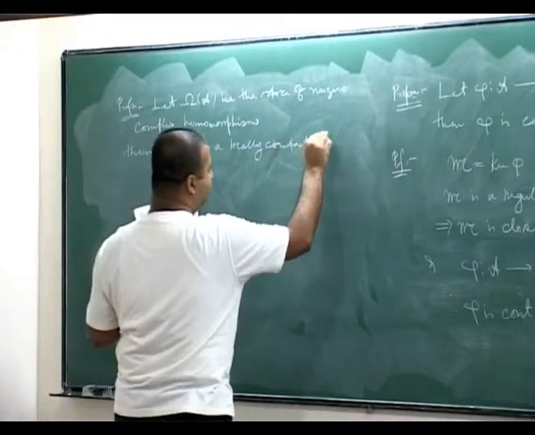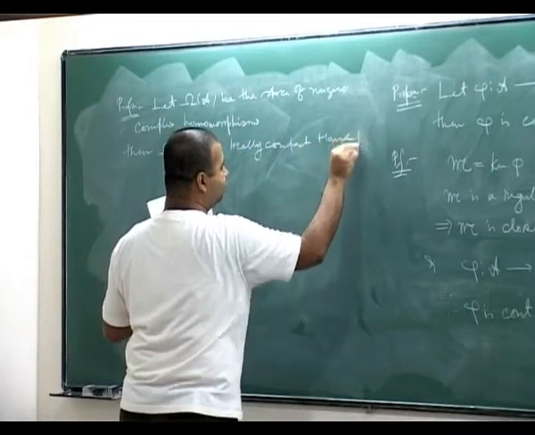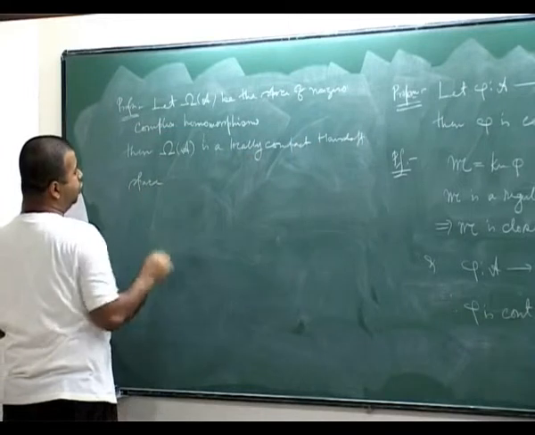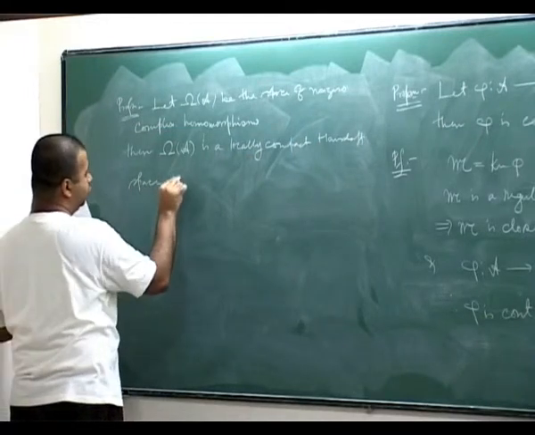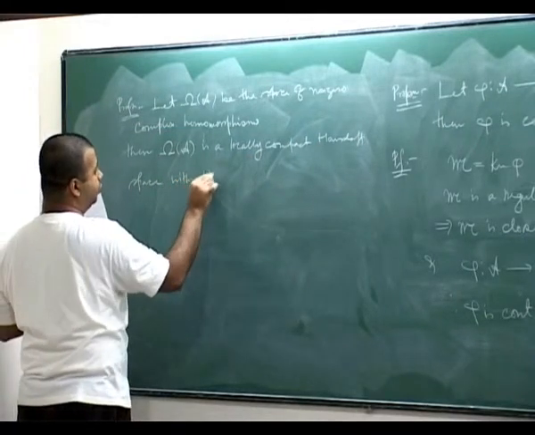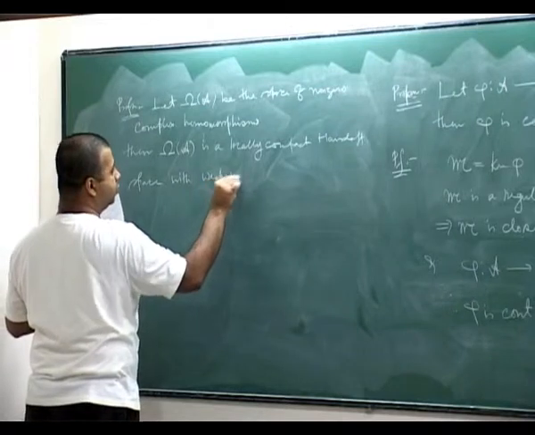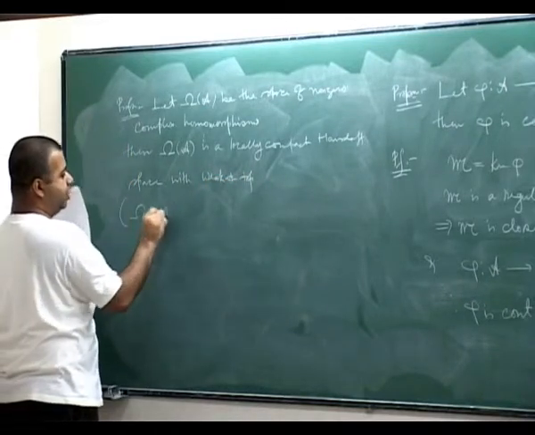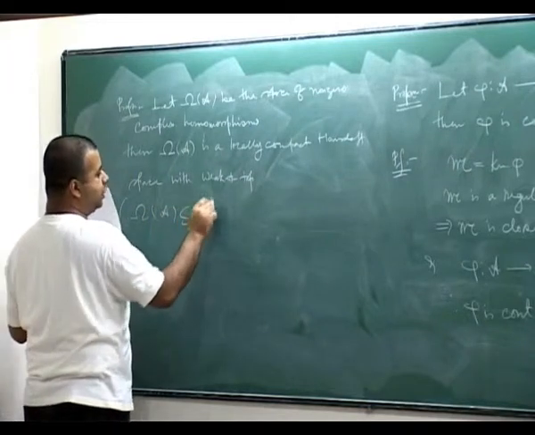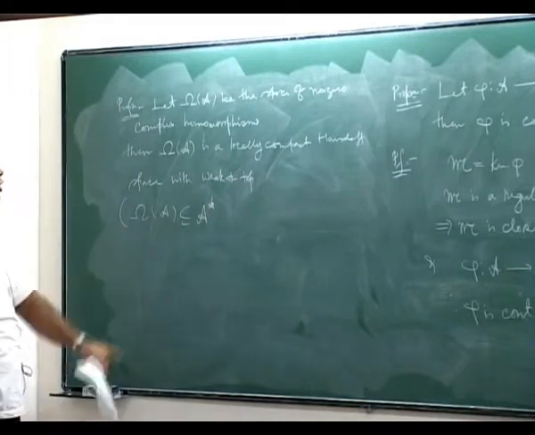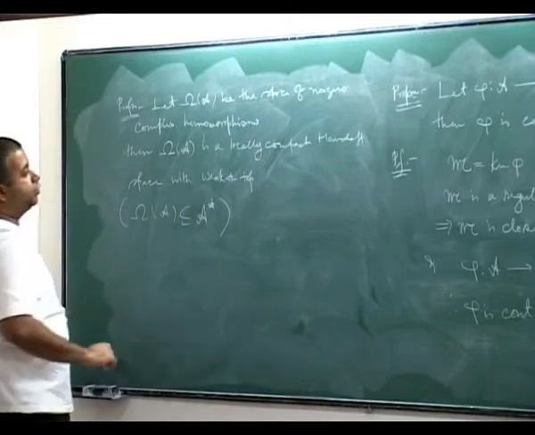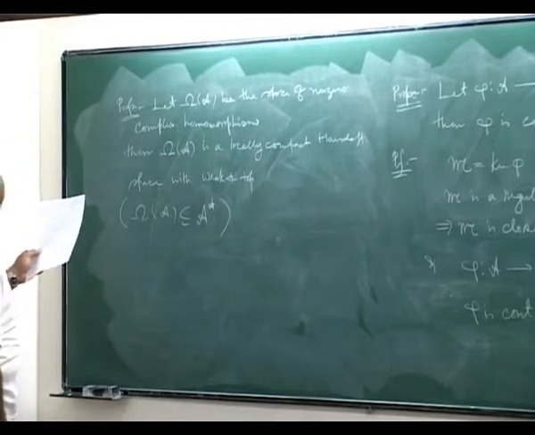This is a locally compact Hausdorff space. Note that omega A is a subset of A star. On A star you have the weak star topology, so you restrict your weak star topology here. With respect to that, it is a locally compact and Hausdorff space.